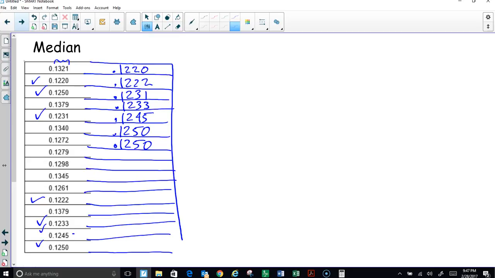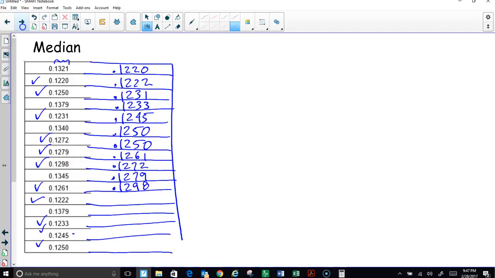And after that, I think there's a 0.1261. A 0.1272. A 0.1279. And a 0.1298.